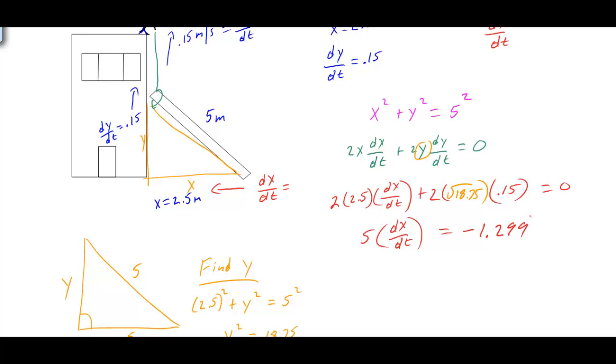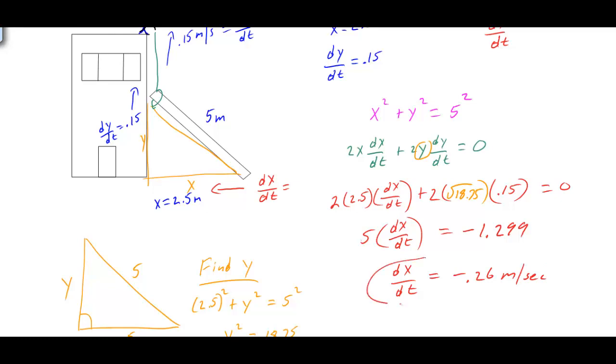And if we divide all of this by 5, then dx/dt would be equal to a negative 0.26, and we're talking about meters and our time was in seconds, so this would be meters per second.